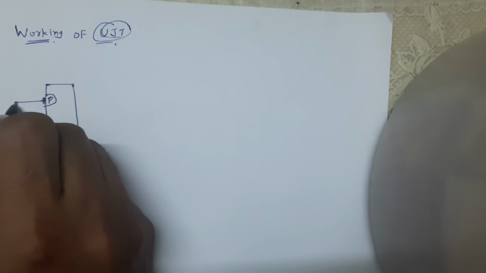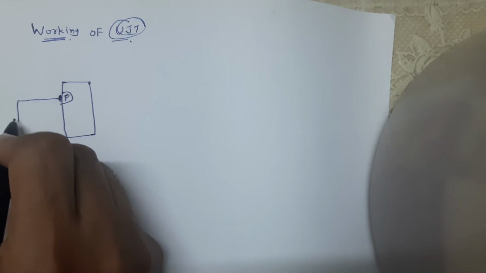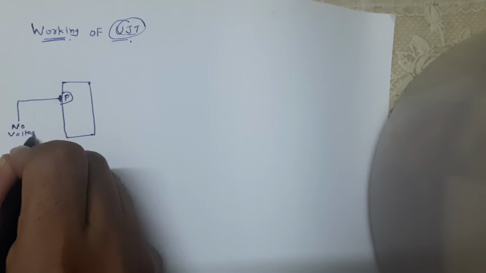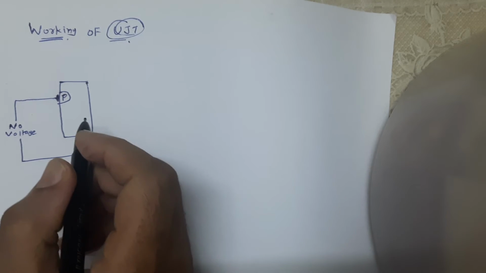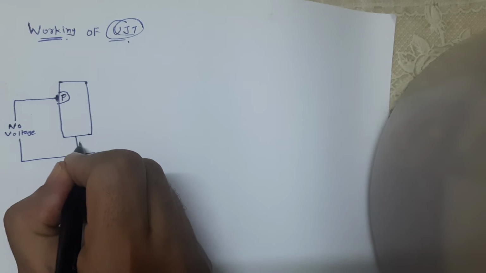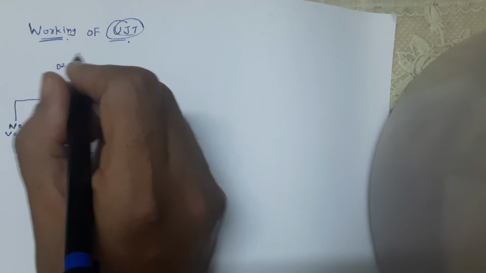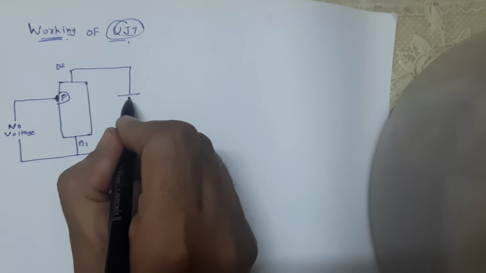This emitter lead is connected to no voltage, that means open circuit. This is your base 1, this is your base 2. Base 2 is connected to the power supply.